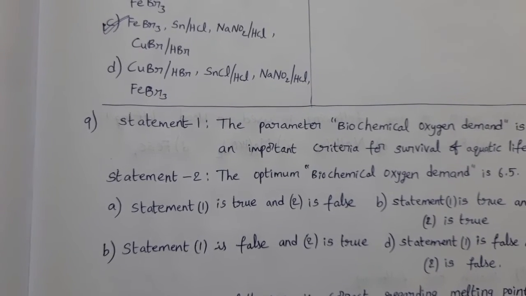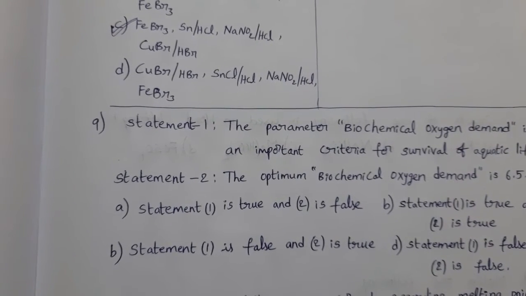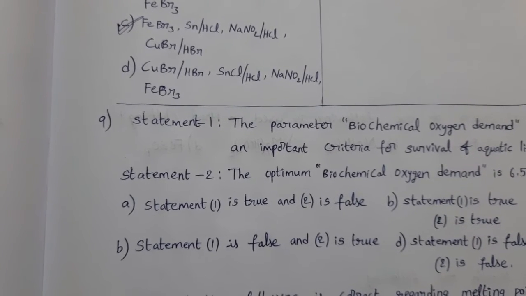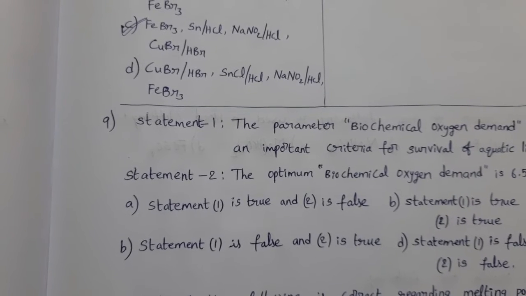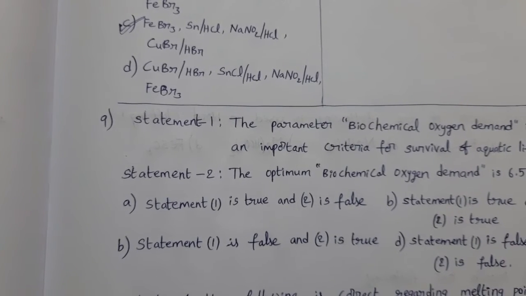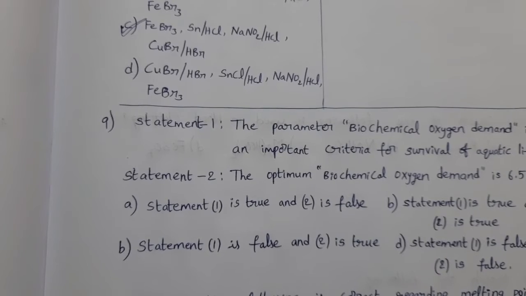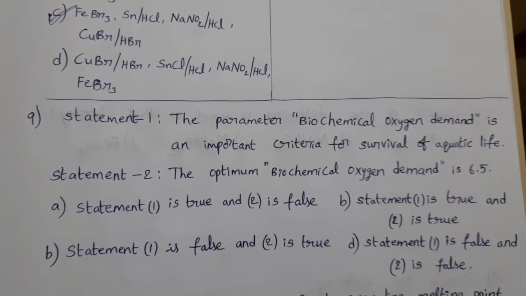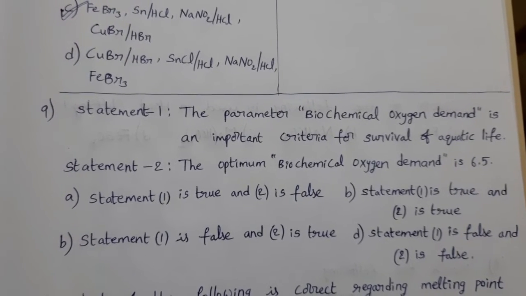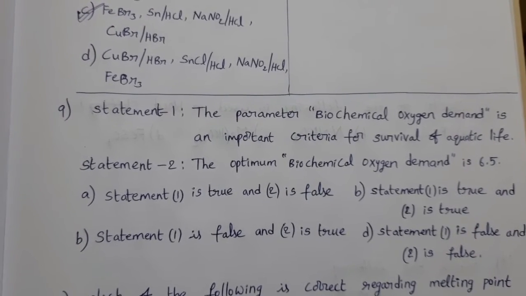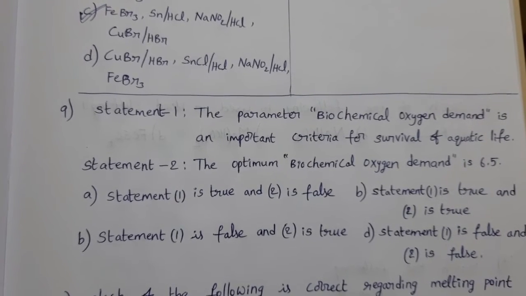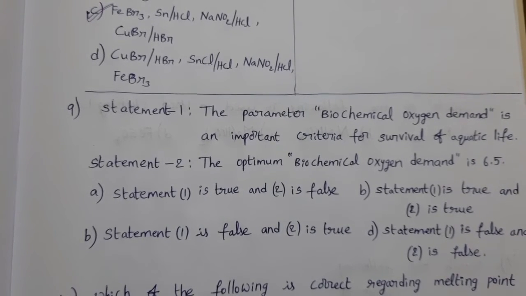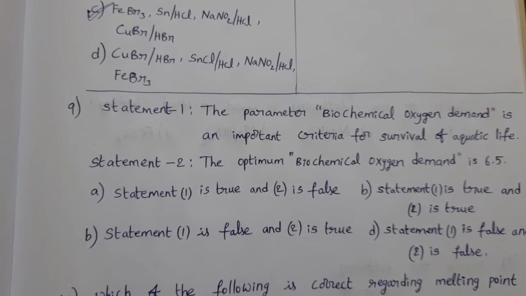Definition: the amount of oxygen consumed by microorganisms in decomposing organic matter. Organic matter is nothing but waste present in a certain sample of water. Listen once again. The amount of oxygen consumed by microorganisms in decomposing waste present in a certain volume of water is called biochemical oxygen demand.